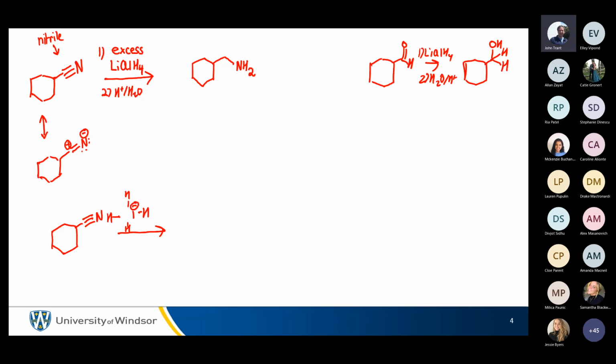I'll draw a capital non-cursive A, and I might draw my L as cursive. Negative aluminum with 4 hydrogens on it. One of those hydrogens is going to be delivered to the carbon, which will break part of the double bond to release an N minus.